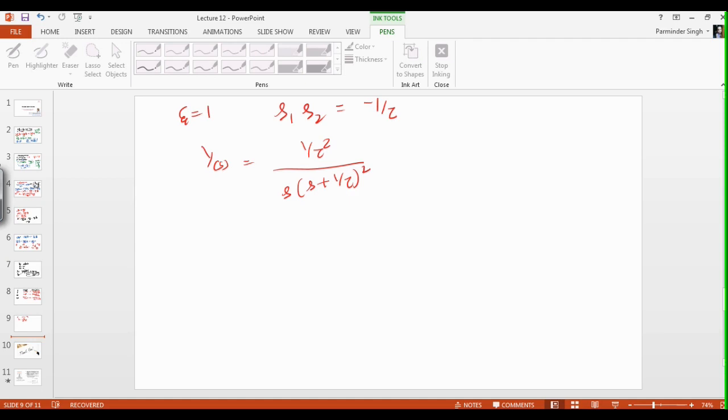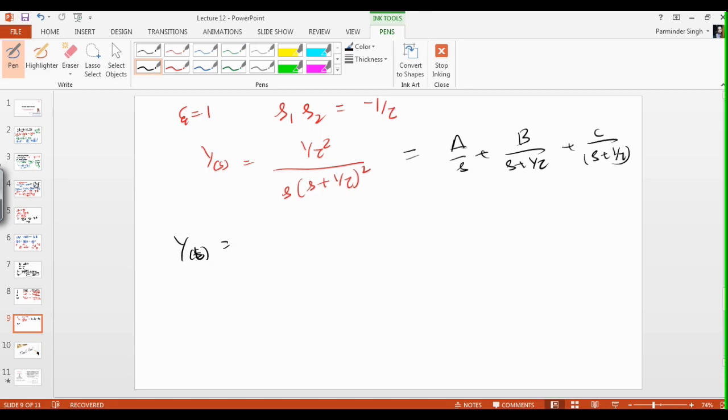If you take the Laplace inverse of this, you can take the partial fractions, a over s plus b over s plus 1 by tau plus c over (s plus 1 by tau) squared. Find the values of a, b, c, put them in this expression, take the Laplace inverse, and you have your y(t).